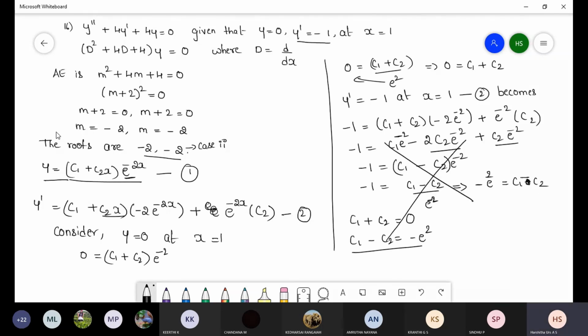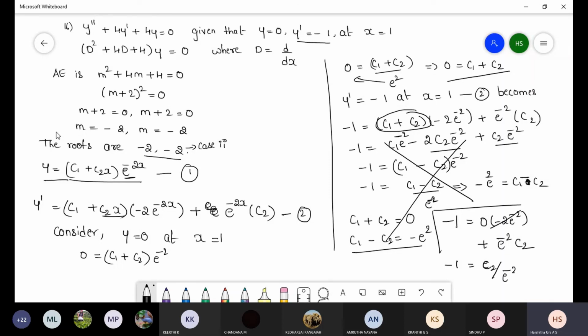Here C1 plus C2 is 0, so 0 into minus 2 e power minus 2 becomes 0, plus e power minus 2 into C2. So minus 1 is equal to C2 divided by e square, that implies C2 is equal to minus e square.